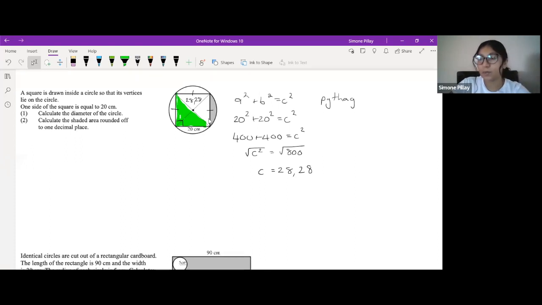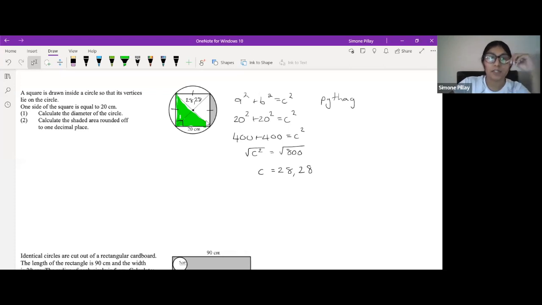What else do I know about a square? I know that all of my corners are right angles. So that's where I got this little right angle symbol over there. With my square, that created a right angled triangle, and I knew the length of this side because of the properties of a square. This side is going to be 20. And then what did I do? I'm trying to calculate the diameter of the circle.